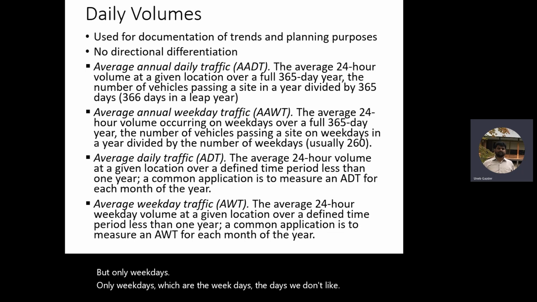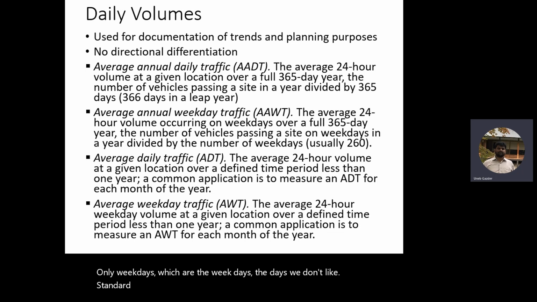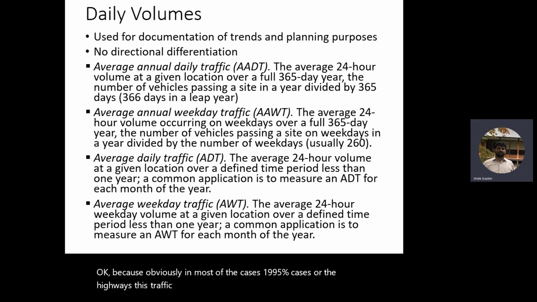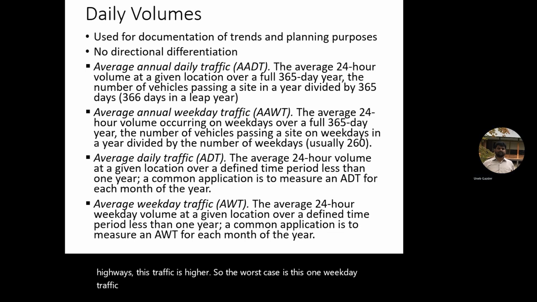Sunday to Thursday for us, right? Okay, the days in which you have to see our faces. So we took out what? The weekends. Because obviously in most of the cases, 90-95% cases, or the highways, this traffic is higher. So the worst case is this one, weekday traffic. Clear?